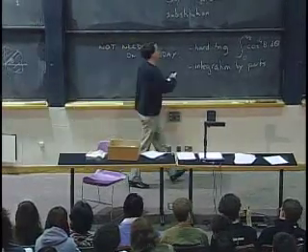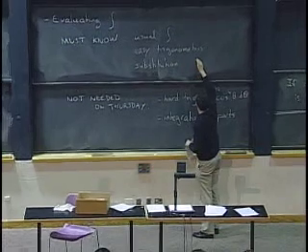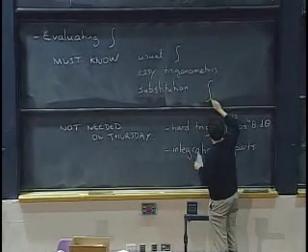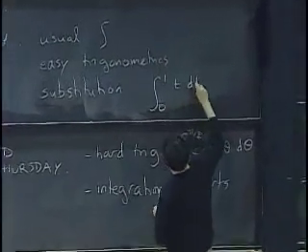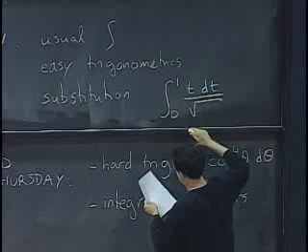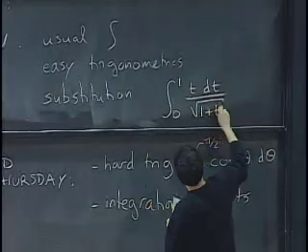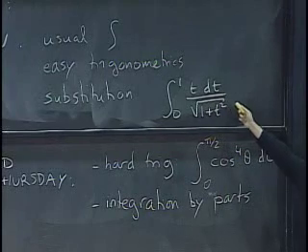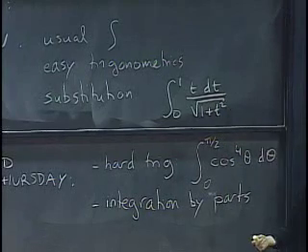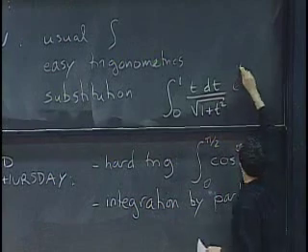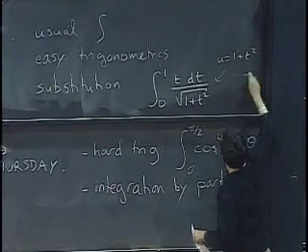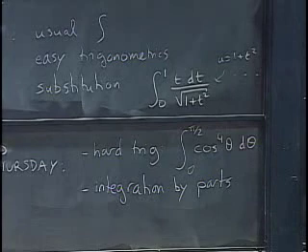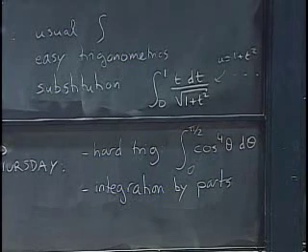What I mean is, if I ask you to integrate, what's a good example, the integral from 0 to 1 of t dt over the square root of 1 plus t squared, then you should think of substituting u equals 1 plus t squared, and then it becomes easier. So this kind of trick is what I have in mind here specifically.